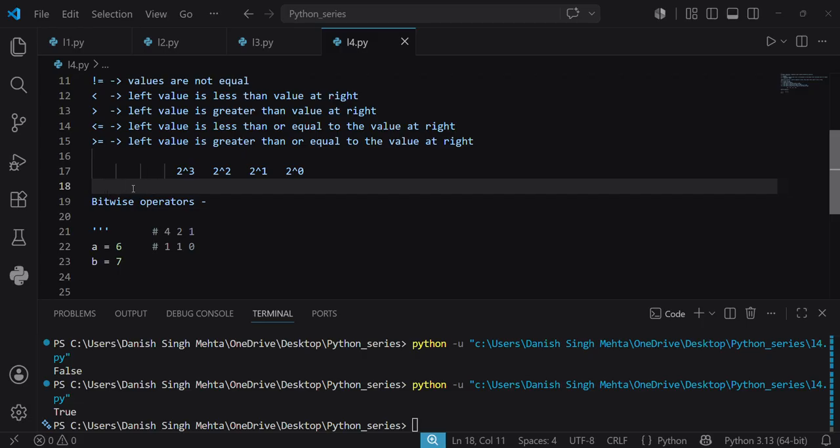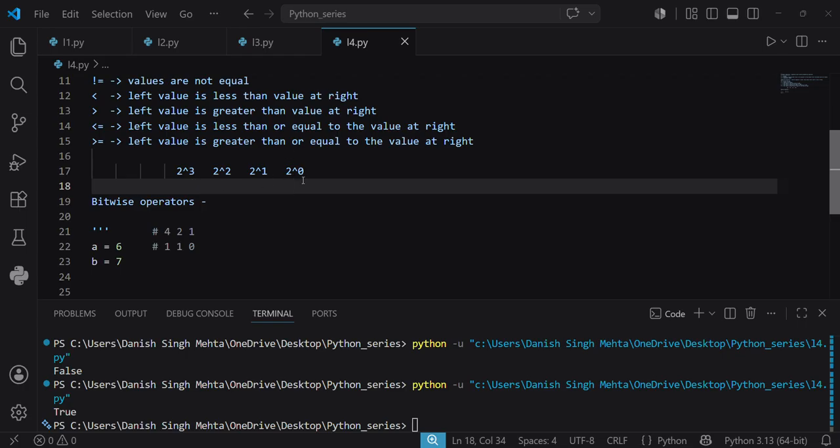If I want to write a value 1 in binary form, then what is the value of 2 to the power of 0, which is 1. Because I want 1, here 2 to the power 1 is 2, here 2 to the power 2 is 4, 2 to the power 3 is 8.